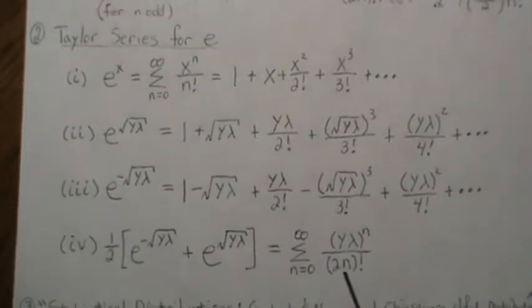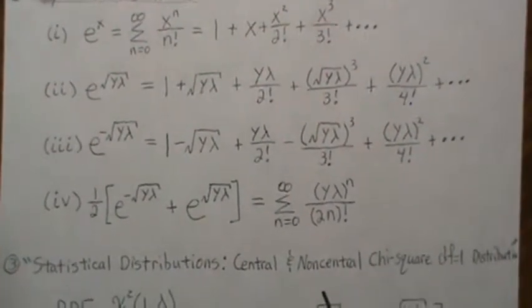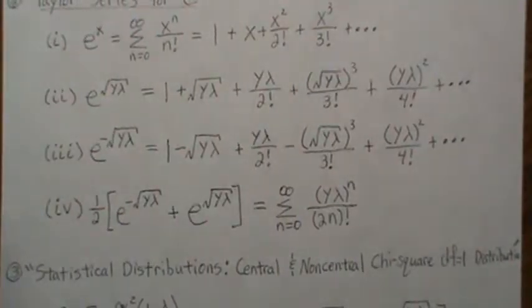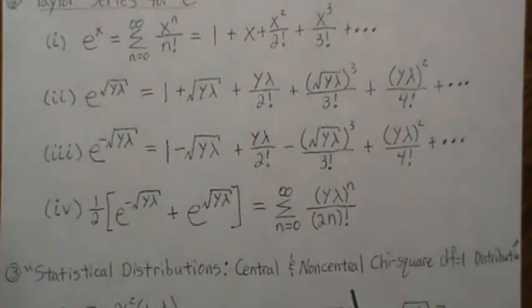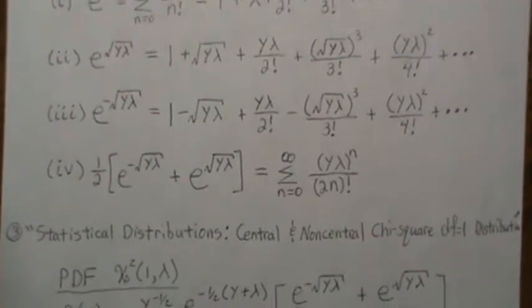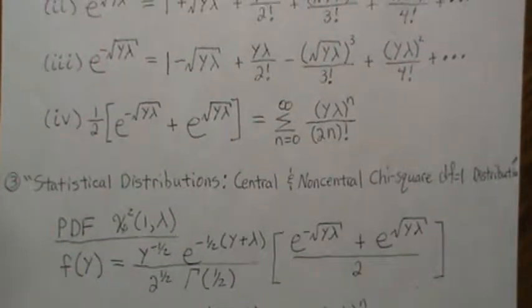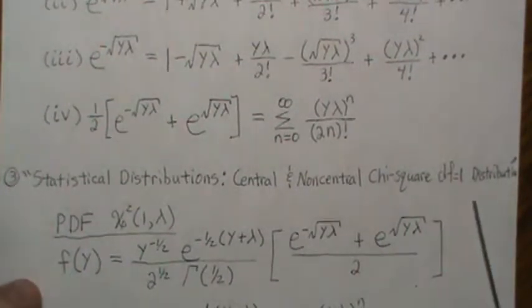Now, one more piece of background information before we start. I have a video called Statistical Distribution, Central and Non-Central Chi-Square 1 degree of freedom distributions. And in there we go in and derive the PDFs for the central and non-central chi-square distribution with 1 degree of freedom.